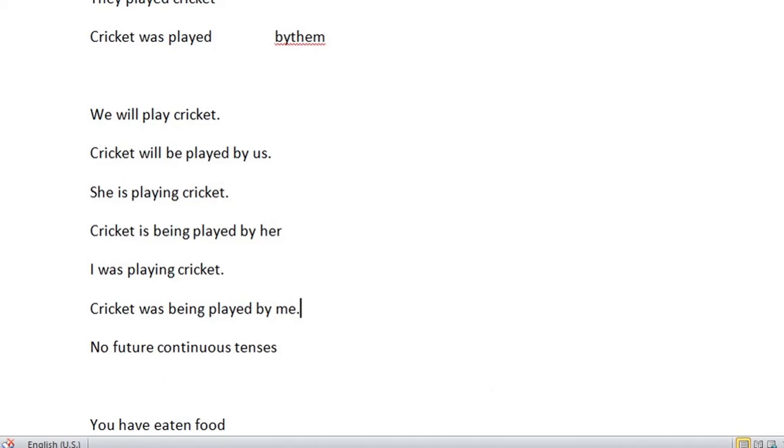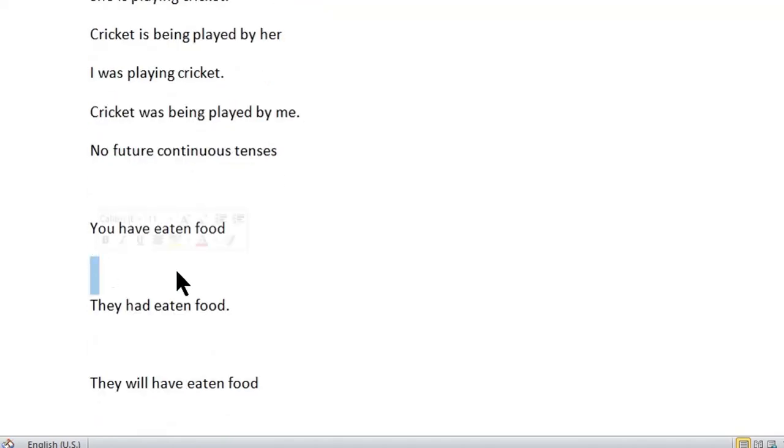Next we have present perfect. You have eaten food, so food is the object, and it will move to the left side, and "you" goes on the right side, and it takes "by" with it. This is a very interesting situation.